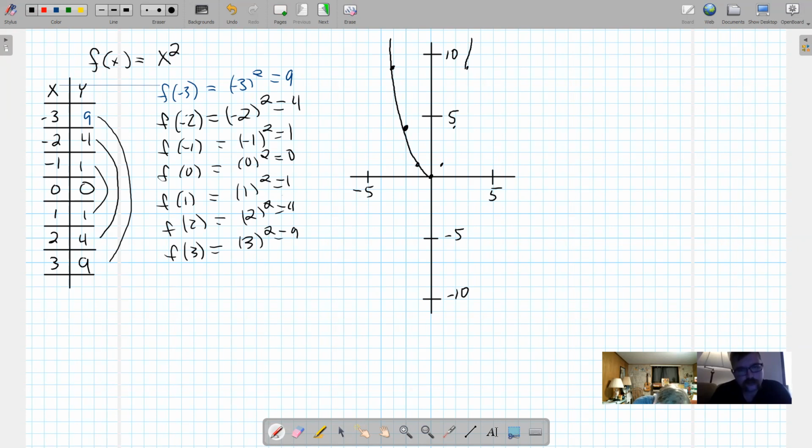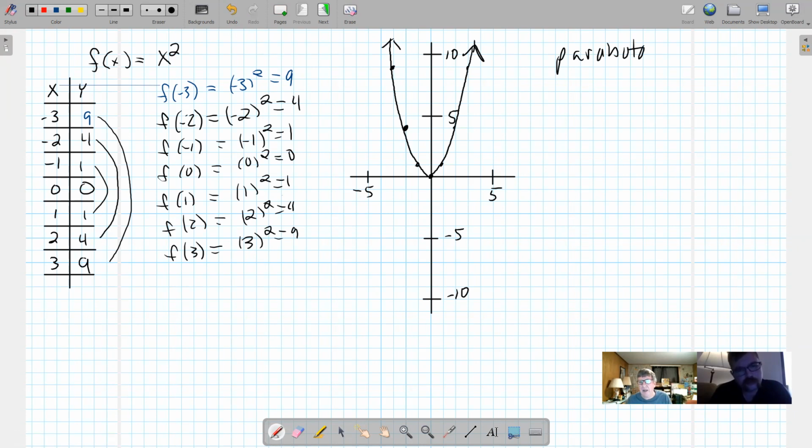Let's see if I can do that a little bit better. There we go. Not much, but a little bit better. All right. What we have here is called a parabola.